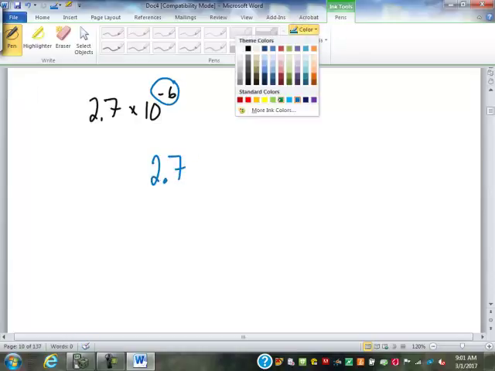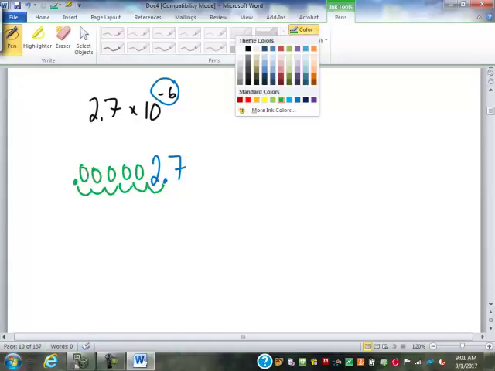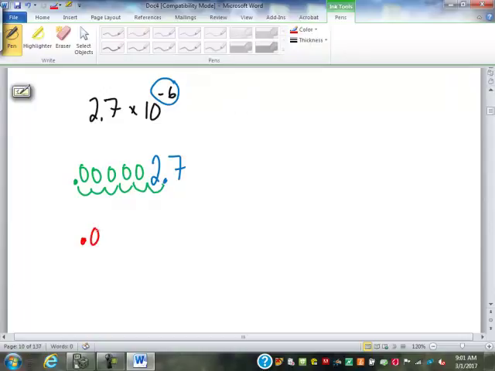Have to move my decimal point 6 spaces to the left or the right? Left. I have to make this smaller. 1, 2, I have to add a 0, 3, another 0, 4, 5, 6. There's my decimal point. So that is 0.0000027. What do you think?